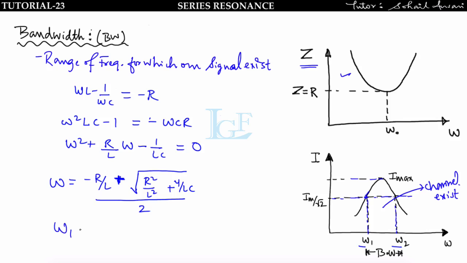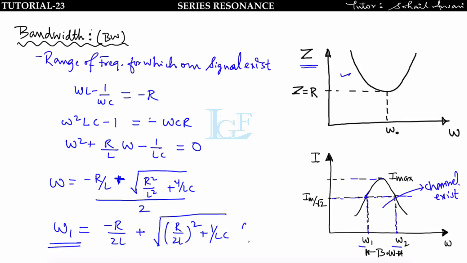Hence we can find omega 1, that is equal to minus R upon 2L plus the square root of (R upon 2L) whole square plus 1 by LC. So this is the lower cutoff frequency.